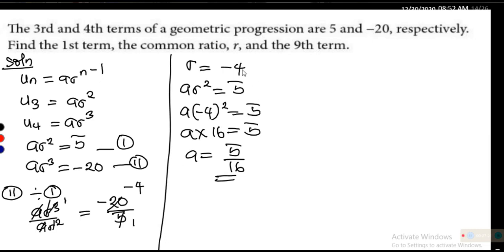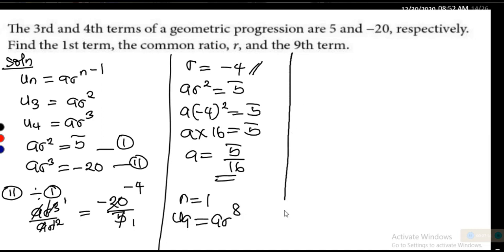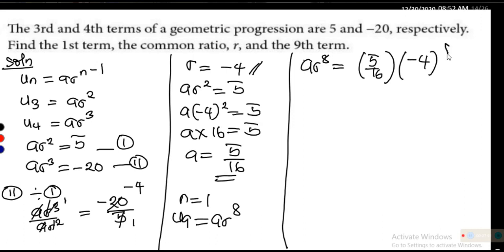And the ninth term. So the common ratio is r, the first term is this, and the ninth term, when n equals 9, we have u9 equals ar raised to power 8. So we can find the ninth term to be ar raised to power 8, equal to a, which is 5/16, multiplied by r, which is -4 raised to power 8.